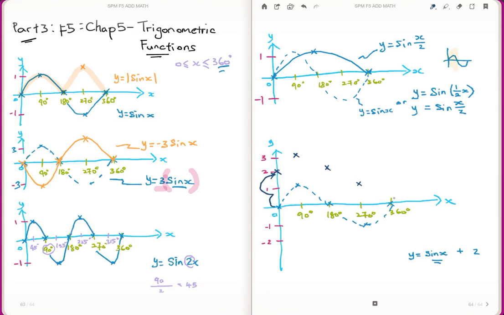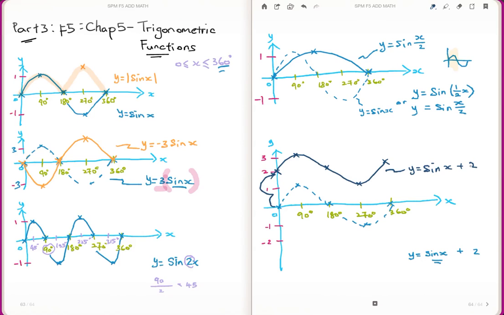And this coordinate 1, 2. So therefore, your curve should look like go up, down, up. And this one is y equals sine x plus 2.